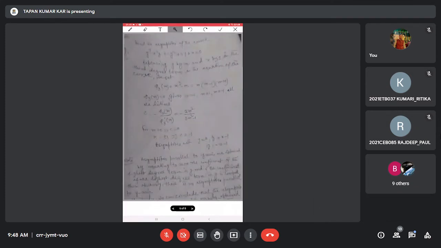Find the asymptotes of the curve y cube minus x square y plus 2y square plus 4y plus x equal to 0. Find the asymptotes of the curve. Check whether you have in mind what the procedure is. Otherwise, I will discuss it.